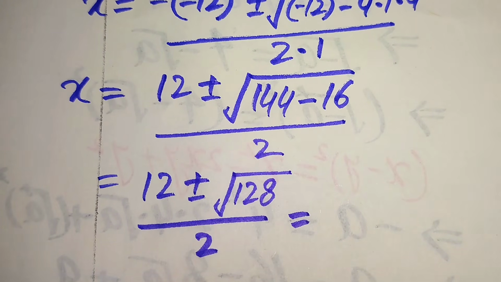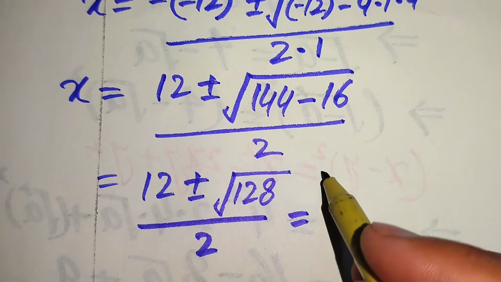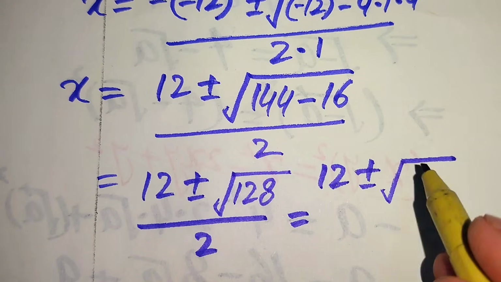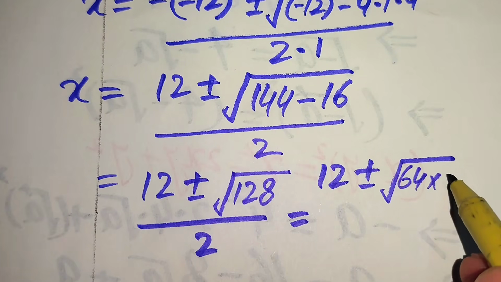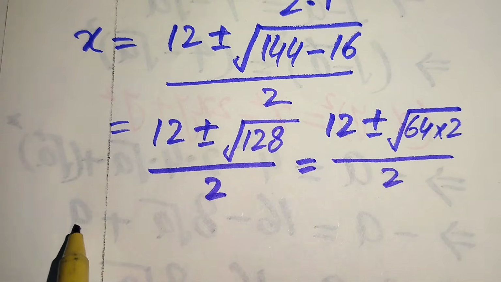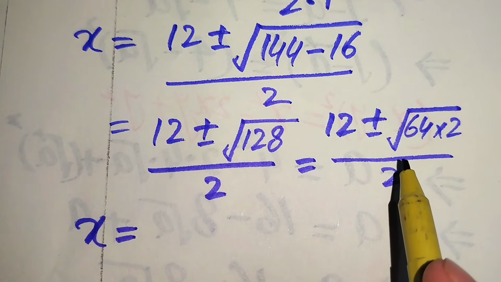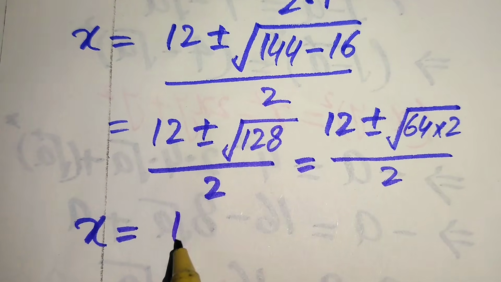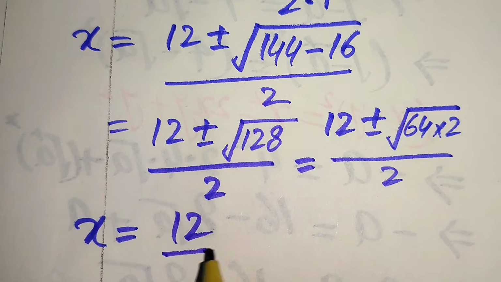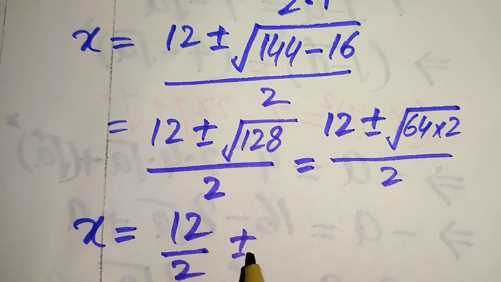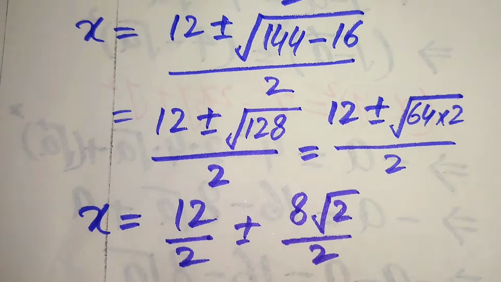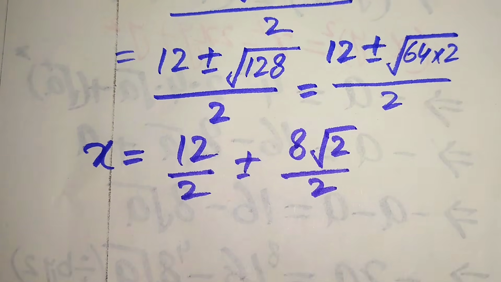So further in the next step, we need more simplification here, and we get 12 plus minus square root of 128. We write it as 64 times 2, and it is divided by 2. And now in the next step, we know that the square root of 64 becomes 8, and now we break this fraction and write it separately on both of these two values, and we get 8 times square root of 2 divided by 2.